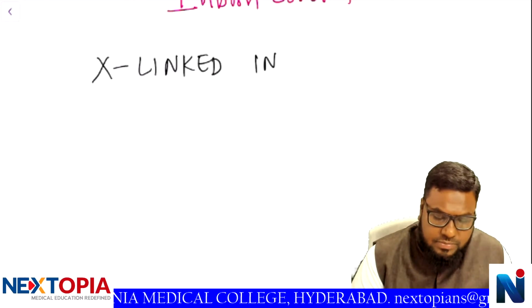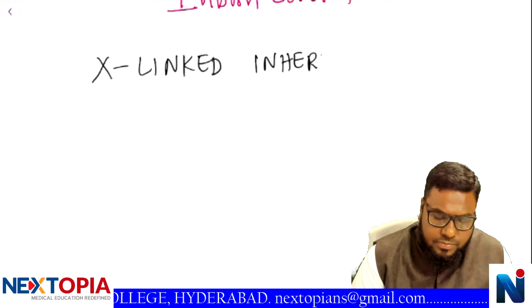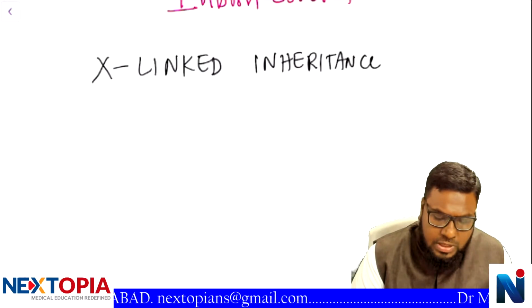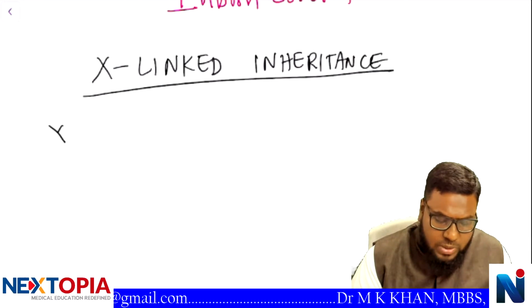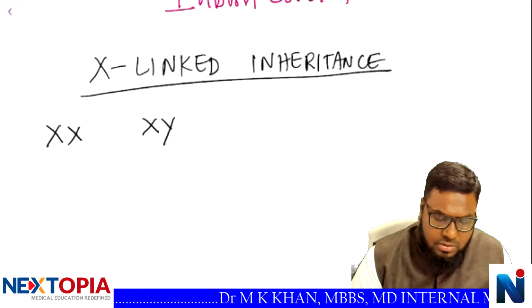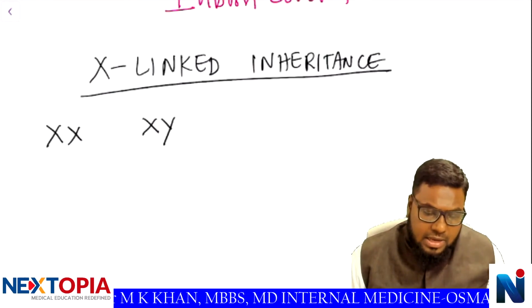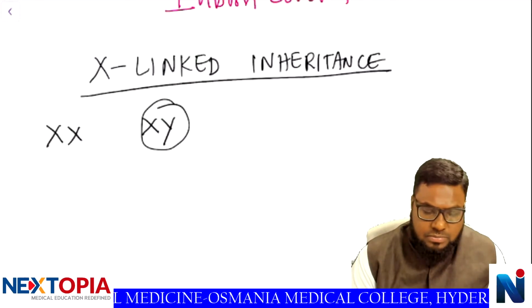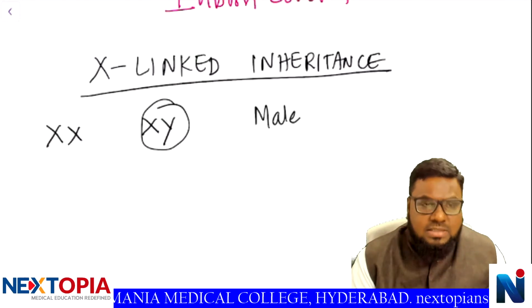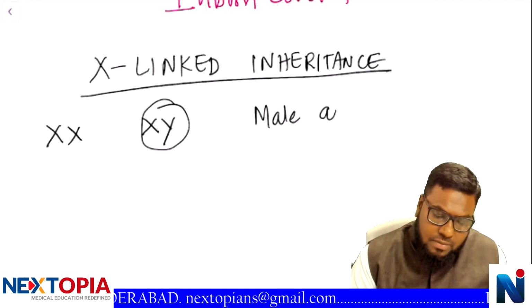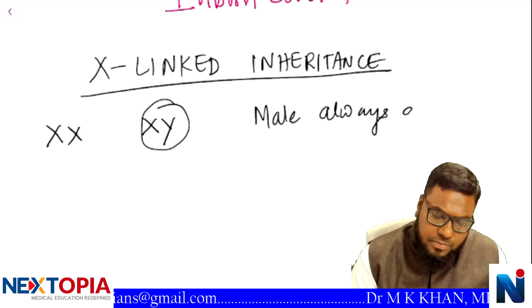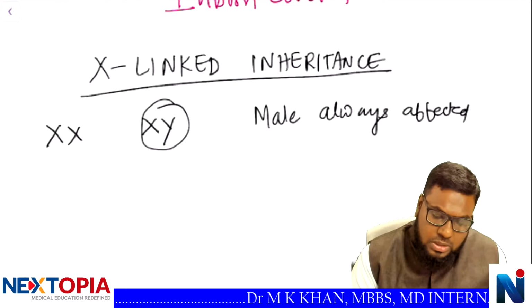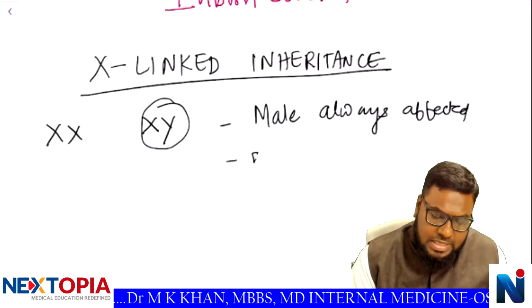X-linked inheritance. Remember, in a female we have got 2 X chromosomes. In a male we have got a single X chromosome. In X-linked inheritance, the rule is males are always affected. Why? Because they have a single X, and males are always affected. This is the first rule. Second is 50% of the females are affected.